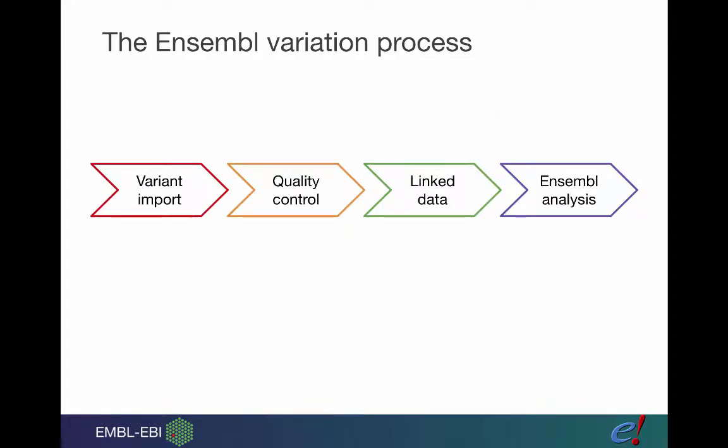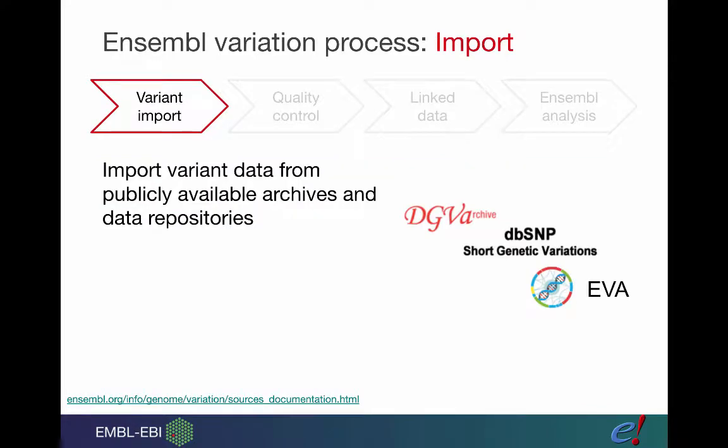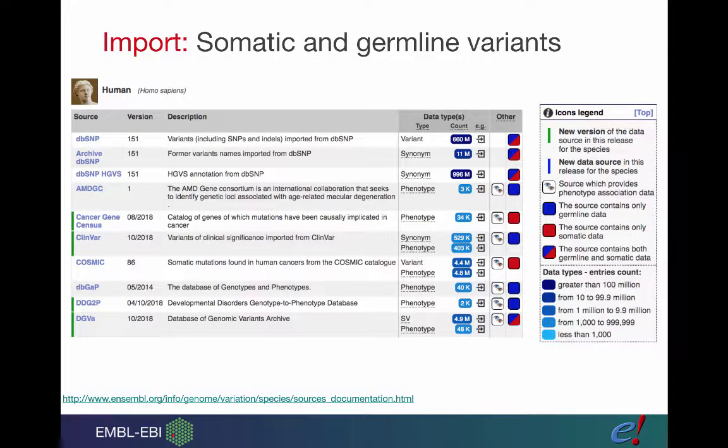So the Ensembl variation process consists of our import of data, quality control, adding linked data, and then carrying out analyses. For the import of data, we use publicly available archives such as DGVA, dbSNP and EVA. And we have some pages that list all the different sources we have.